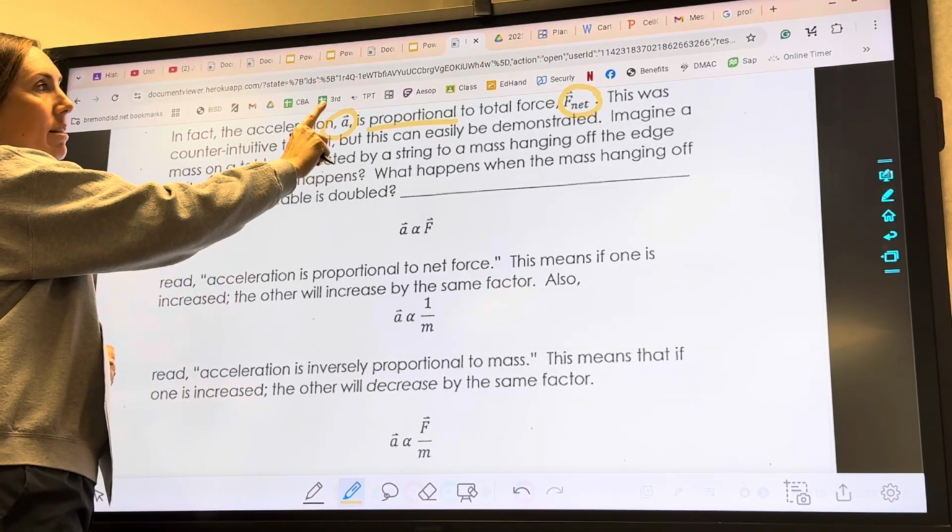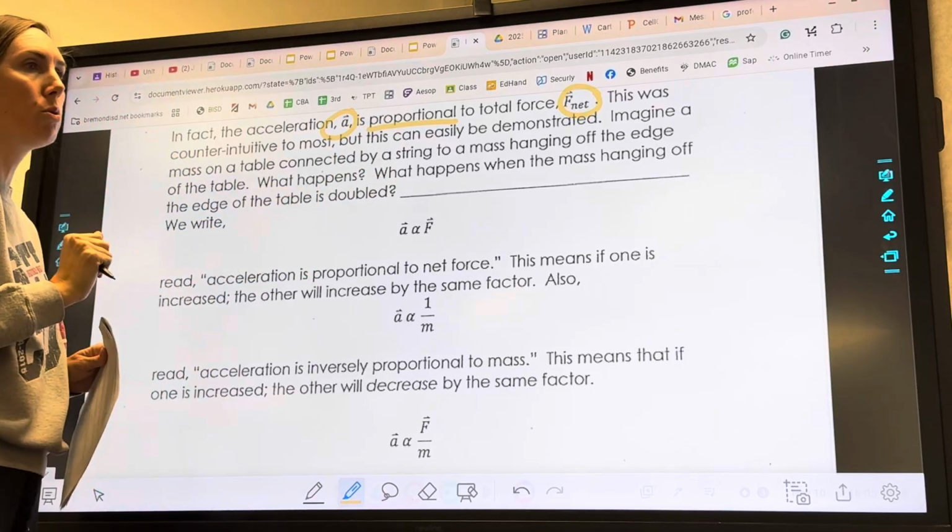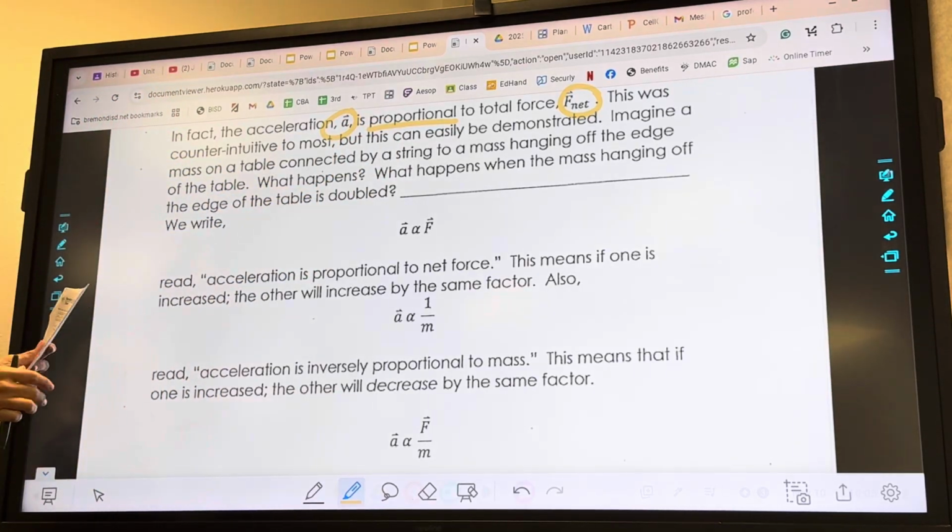So we have acceleration is proportional to force. We're going to learn about this new thing called proportional, okay? This was counterintuitive to most, but this can easily be demonstrated. Imagine a mass on a table connected by a string to a mass hanging off the edge of the table.